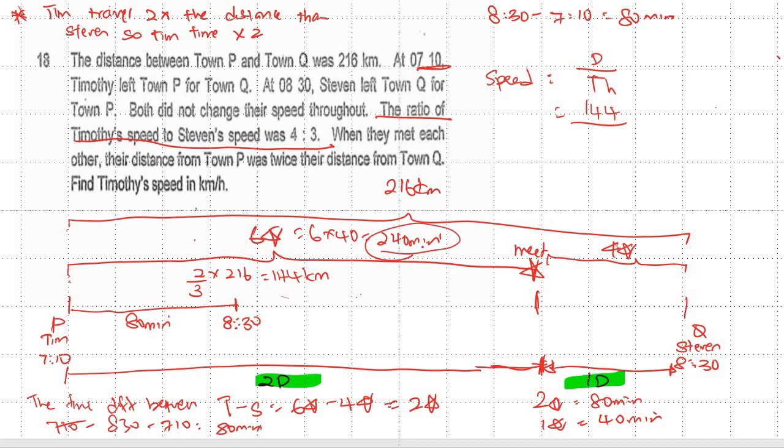I know that I have 240 minutes. You need to convert it into hours. Okay? So when I convert 240 minutes, it's actually 4 hours. Divided by 4, it's 36 kilometers per hour. That's it.